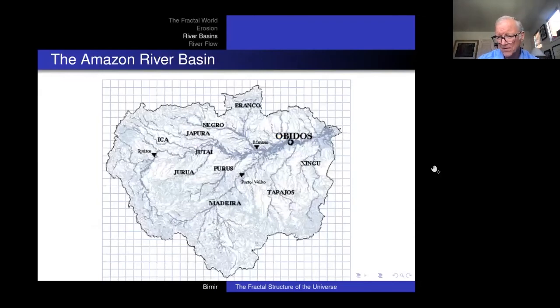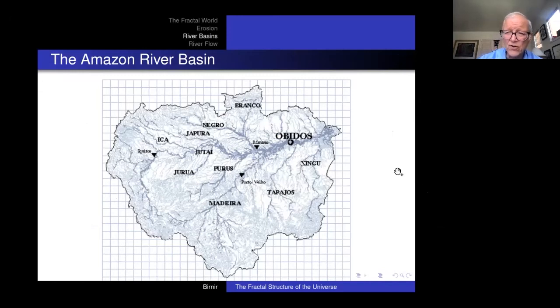Here is another basin, and this is the biggest river basin of them all. It's the Amazon River Basin. And you see the same structure: there is a main river that flows towards the Atlantic, and then there are smaller rivers that join this main river. And here also, the shape is a little longer in the direction of the main river than perpendicular to the main river.